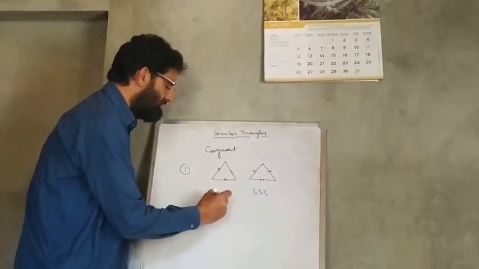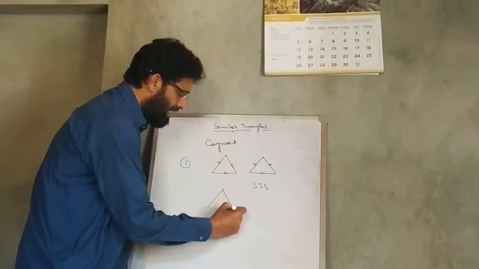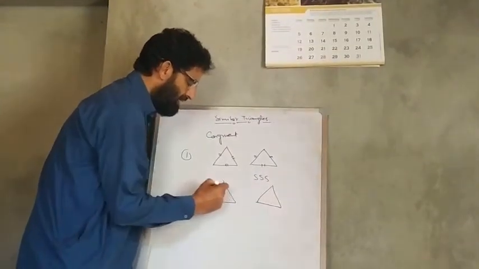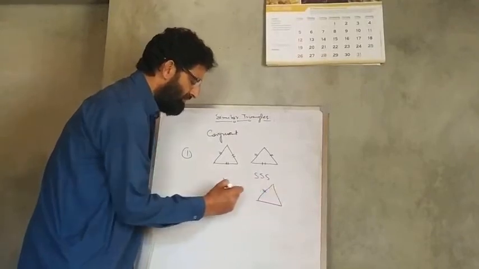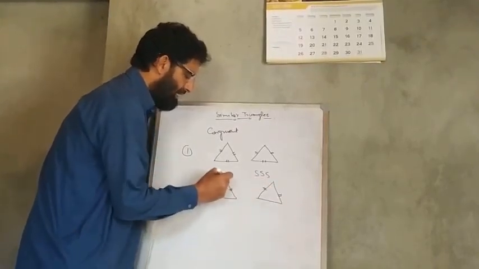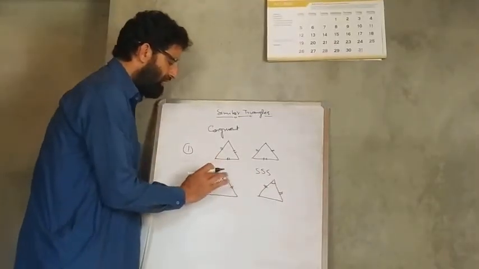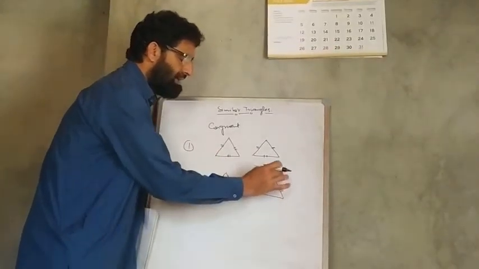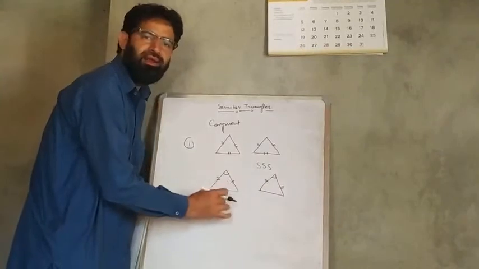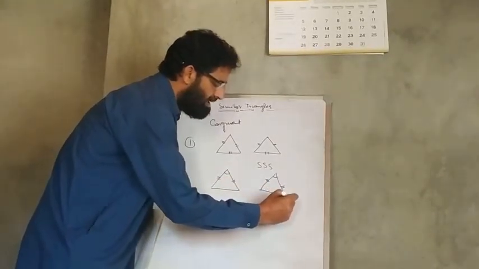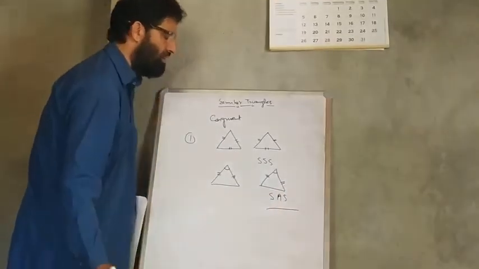Second rule was when two sides and an angle. When two sides of one triangle and an angle are equal to the corresponding two sides and an angle of another triangle, then two triangles are said to be congruent, and this rule is called SAS congruency rule.